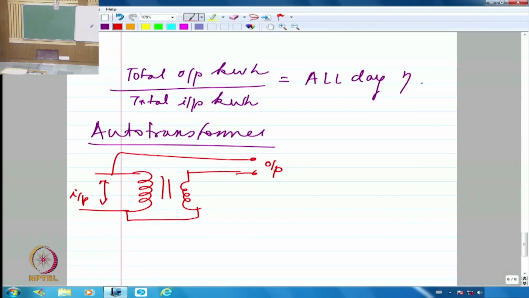Yeah. There could be two cases and there could be two possible values of output power. But you are given a situation clearly. When you are trying to calculate, you are calculating for a given situation.